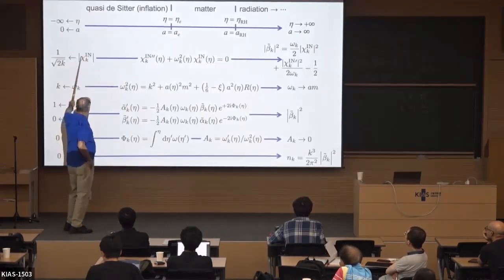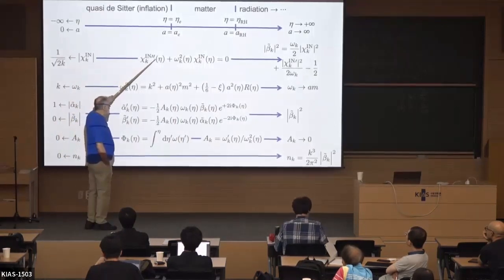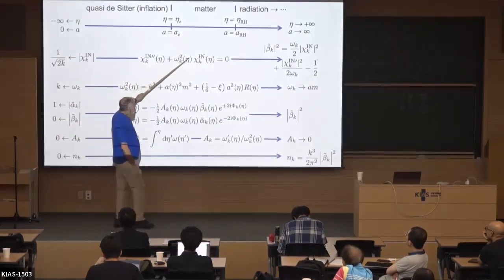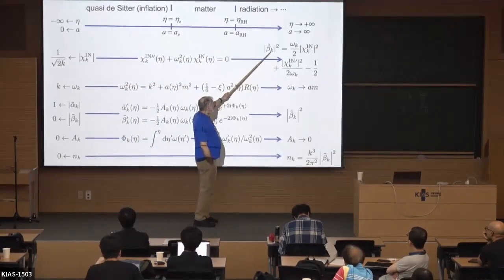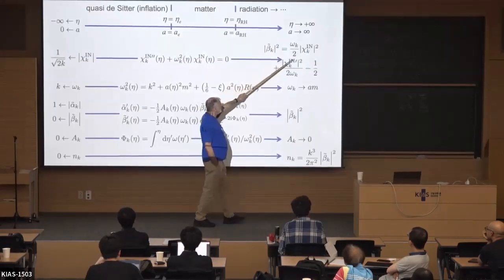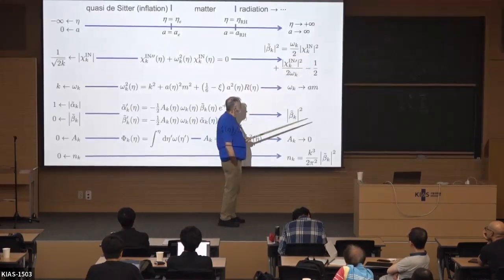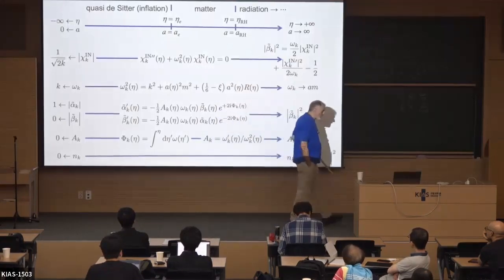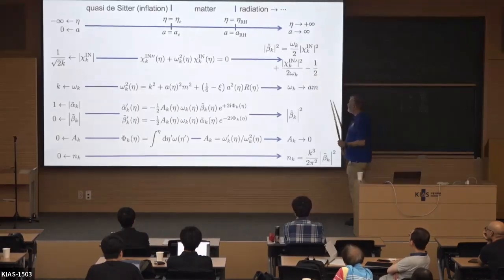Then we can integrate chi k from the mode equation, calculate it, find it at late time, and evaluate beta k tilde in terms of chi k squared and chi k prime squared. At late times, omega k is approximately a times m.